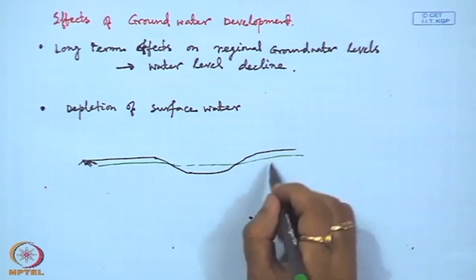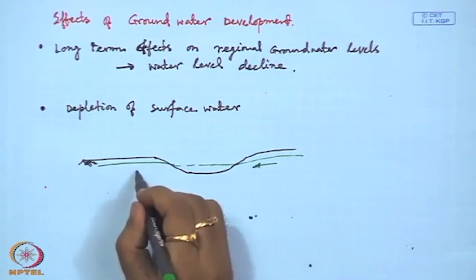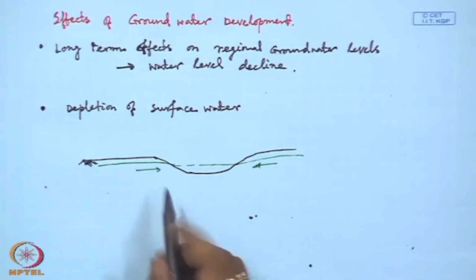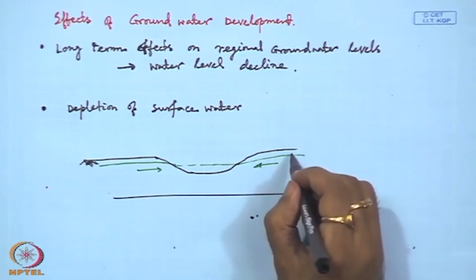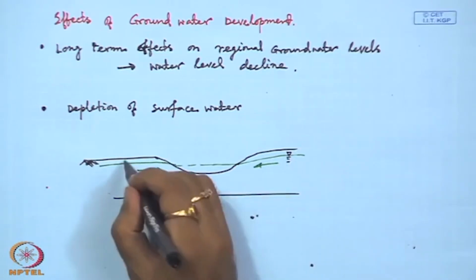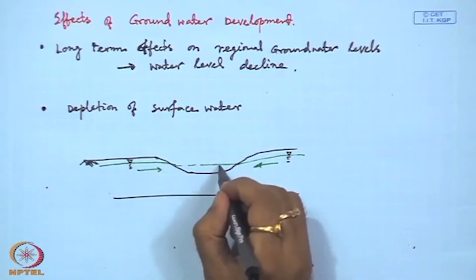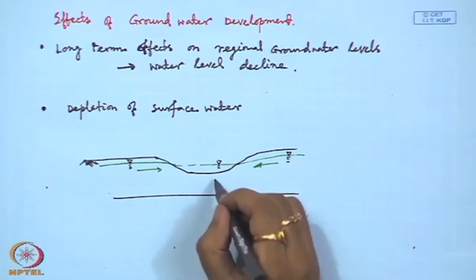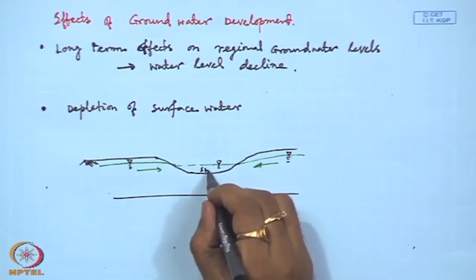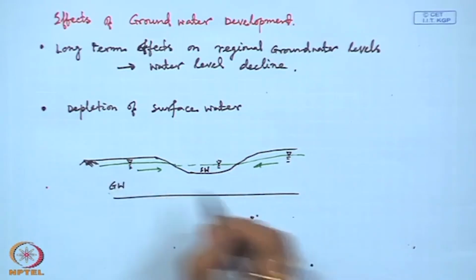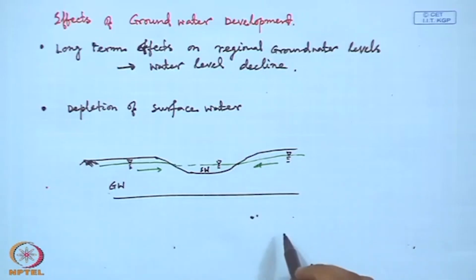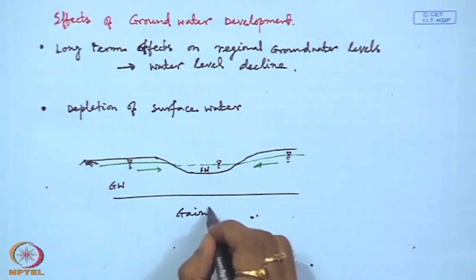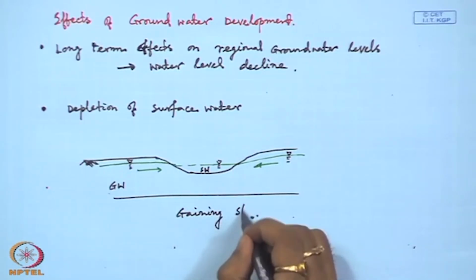So, this is basically what we can say is a gaining stream, where our water level is here, which is above the water level in surface water. This is groundwater. So, groundwater level is more than surface water. So, we can say that as gaining stream.